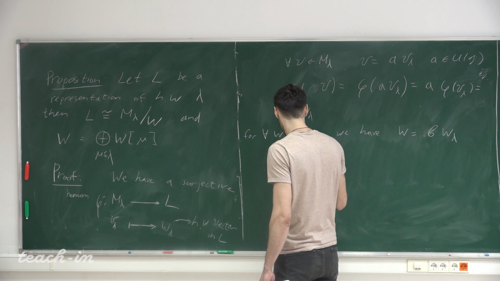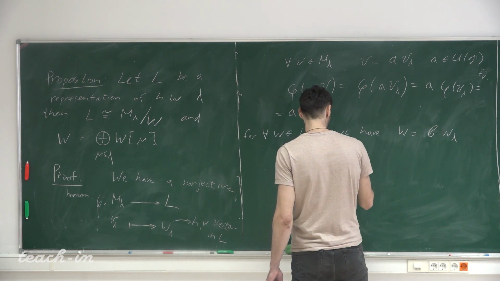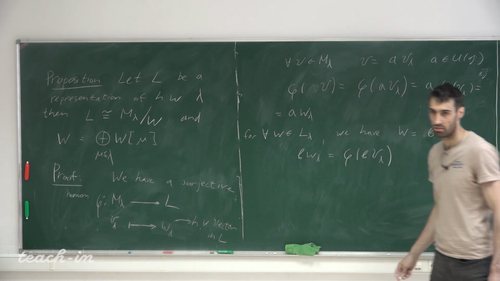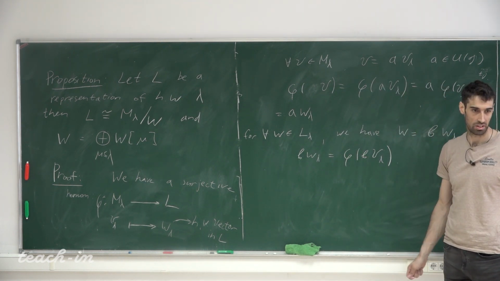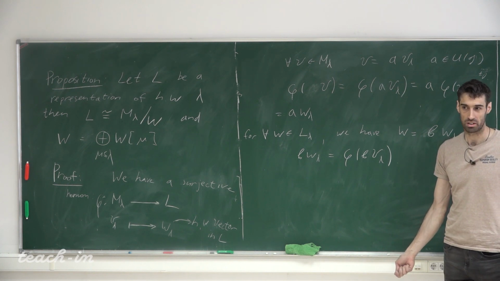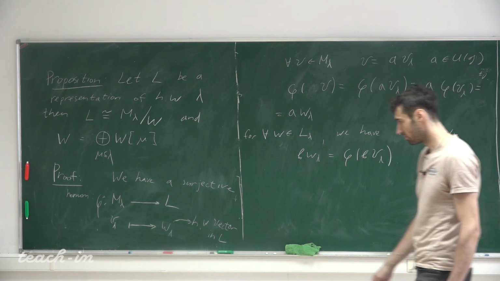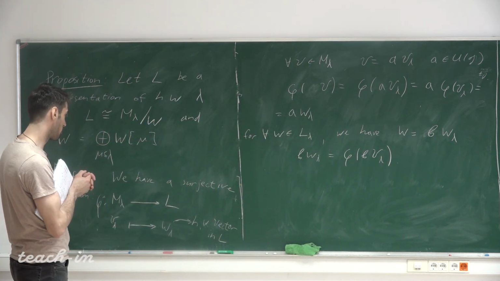Because b w lambda is phi of b v lambda, just because phi respects multiplication by U(g). So it's surjective, and then, right. So this is the map.